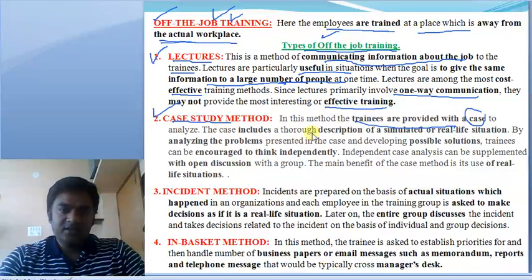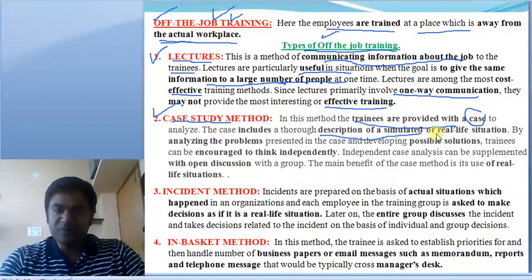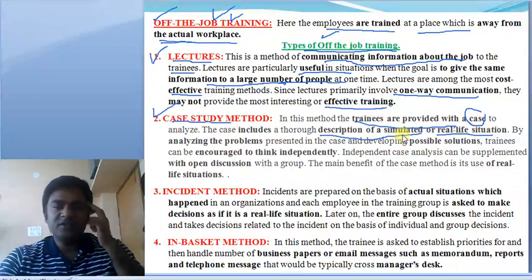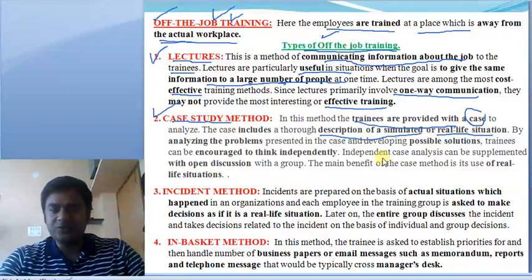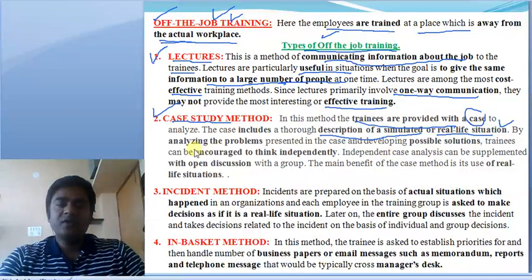The case includes a description of a simulated or real life situation. The situation may be imaginary, or similar to a real life situation, or an actual real life situation. The trainees have to analyze the problem and come up with a possible solution.